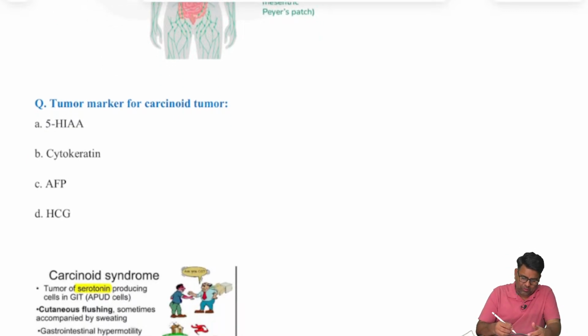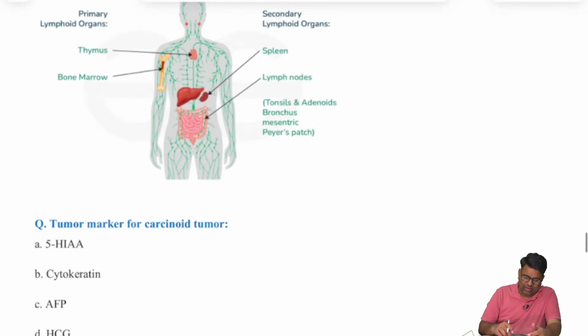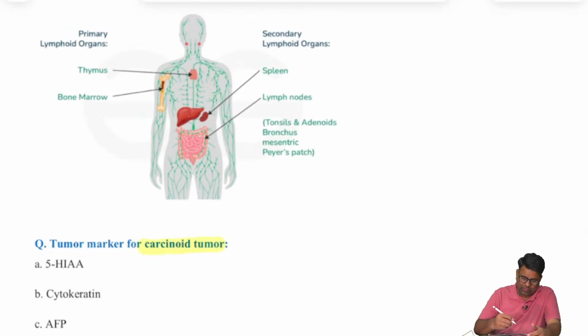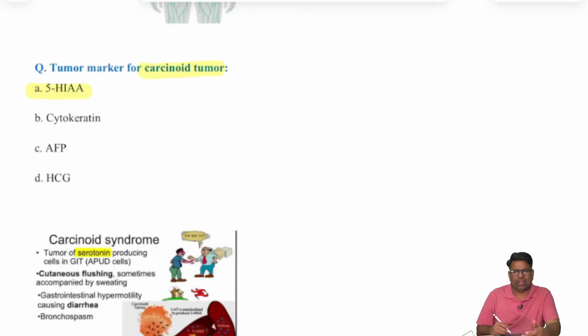Now, next question was about carcinoid tumor, and it was like the tumor marker which has been asked for carcinoid tumor. So this is again 5-hydroxyindoleacetic acid excretion in urine, and from the clinical symptoms point of view, the patient presents with flushing, sweating, diarrhea or bronchospasm.